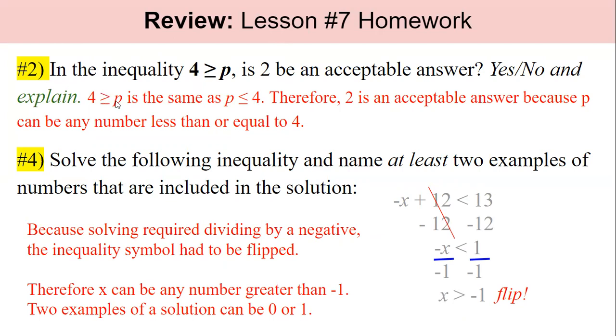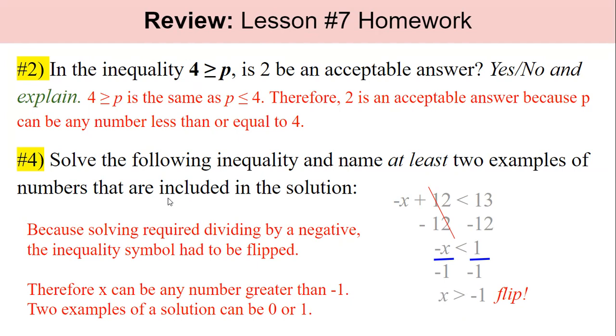You see how the mouth is closed to p? It remains closed to p, and the mouth remains open to 4, okay? So this reads that p is less than or equal to 4. And it asks, is 2 an acceptable answer? Yes. Therefore, 2 is an acceptable answer because p can be any number less than or equal to 4. Another acceptable answer could have been 4, right? Because it's less than or equal to. It could have been 4, 3, 2, 1, and so on.